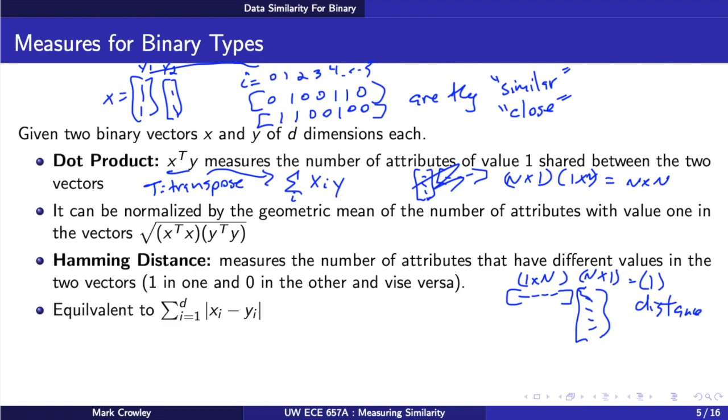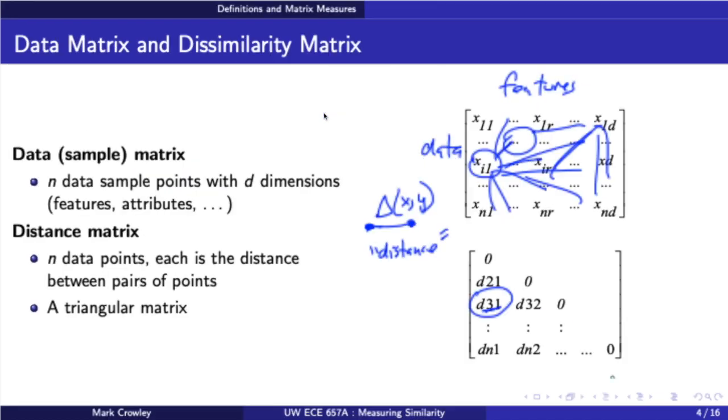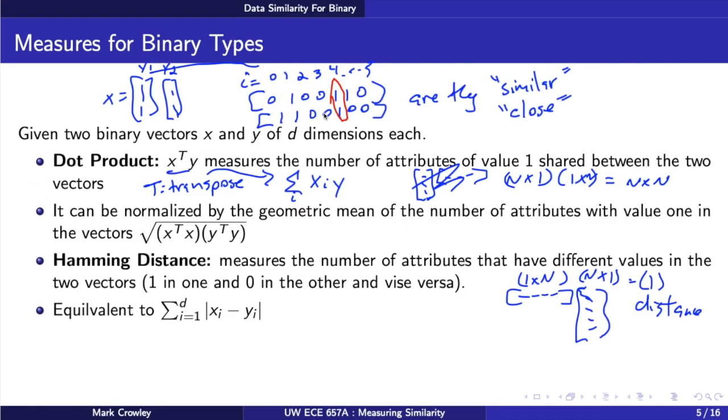So the dot product essentially is saying how many features do these two vectors agree on, right?